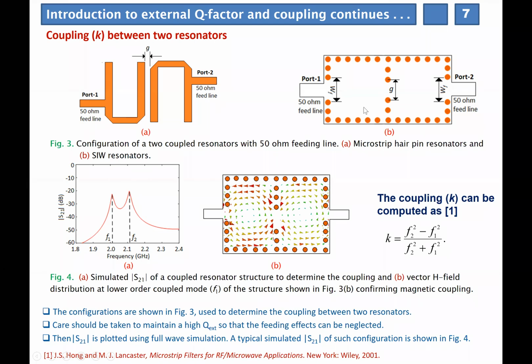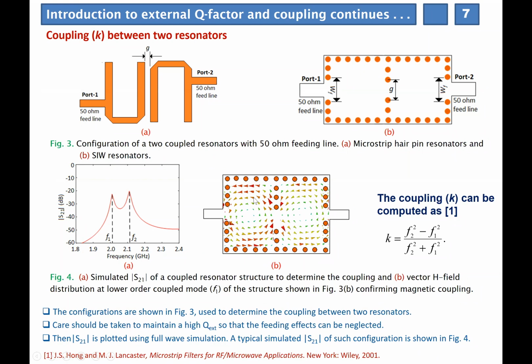If you simulate these two structures in ADS or CST or HFSS, you will get a response like figure 4a. Now you can see the two peaks at frequencies F2 and F1. If you obtain this plot, you can calculate the coupling as per the formula given here: (F2 square minus F1 square) by (F2 square plus F1 square).